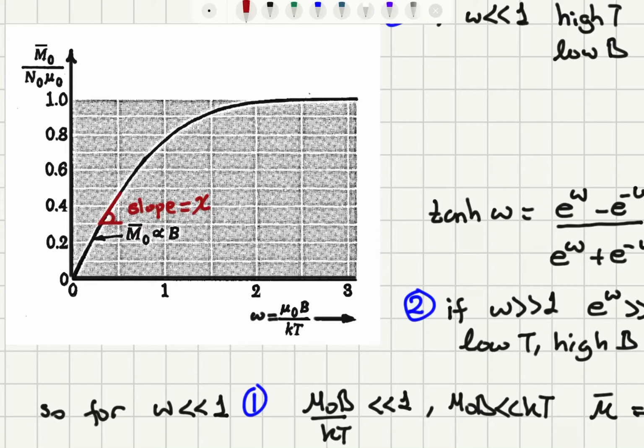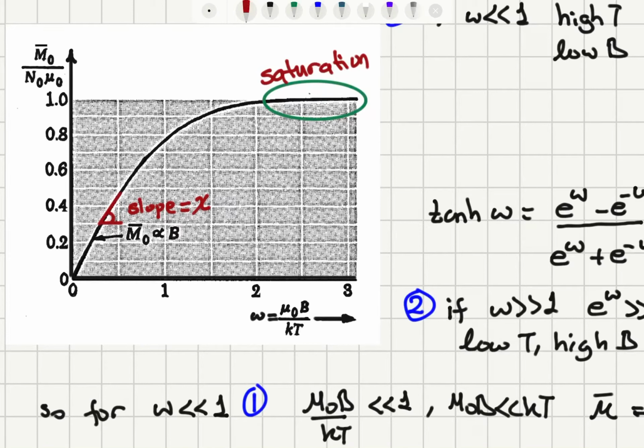Now this slope is going to decrease and decrease when we go to large omega values, and eventually it will saturate, and this high value of omega where it saturates, we're going to see saturation. So when it becomes 1, M bar is n0 mu 0, that is saturation magnetization.